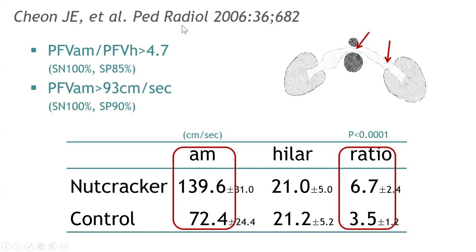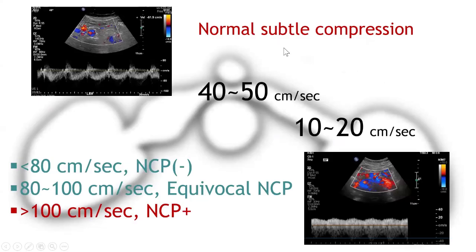From that background, we did a lot of studies in suspected Nutcracker patients using Doppler. So the summary is, because there is a normal subtle compression in aortomesenteric areas, the velocity in the hilar left renal vein and in the aortomesenteric left renal vein is naturally different.